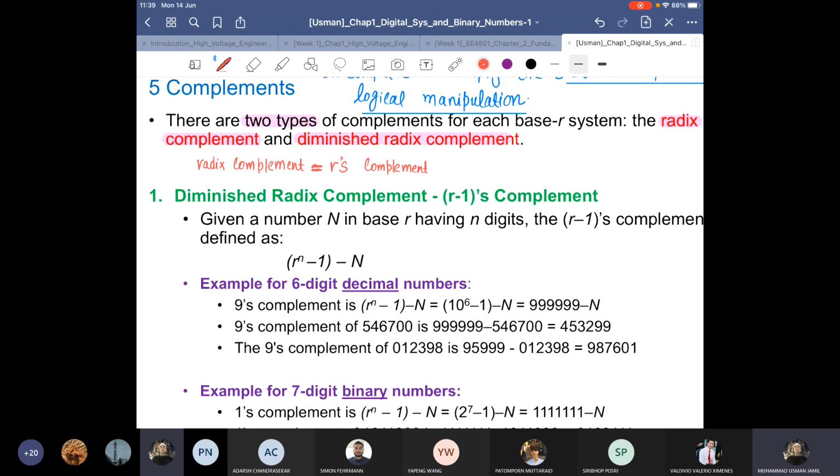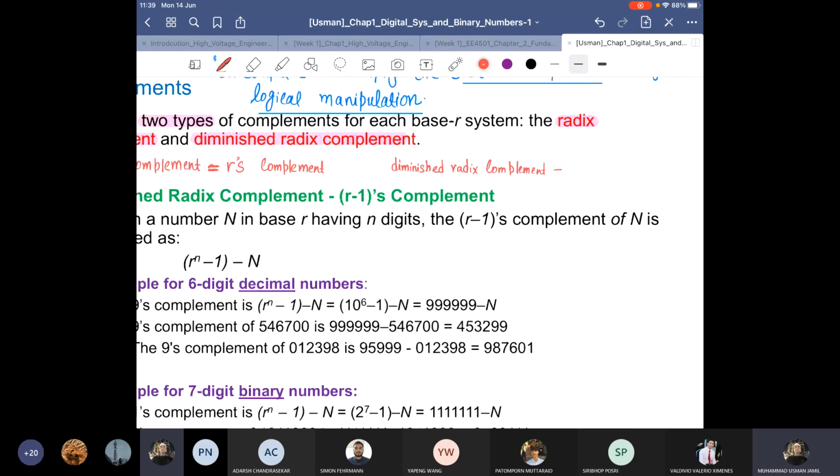And then the diminished radix complement. It is called R minus 1 complement, one's complement.